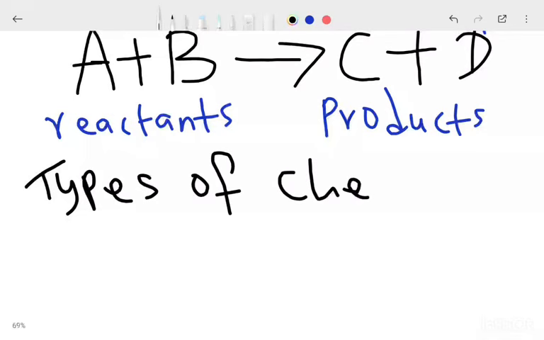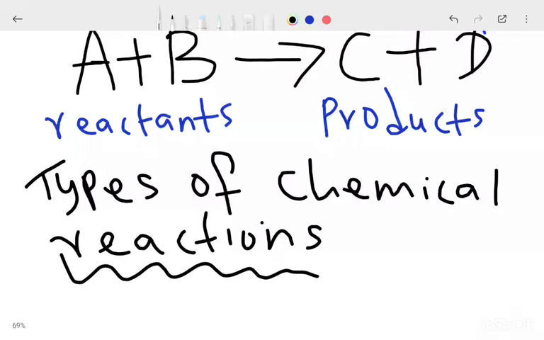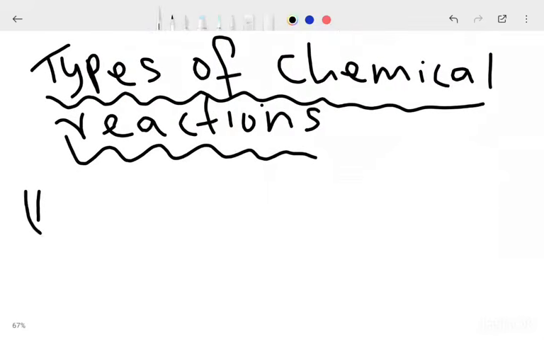Now number one, write them down. Number one, we have combination reaction.